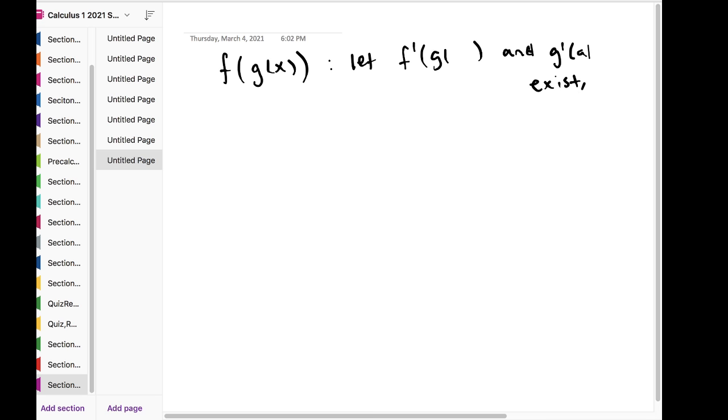Can someone tell me what f prime of g of a is? Like, how do you read this? Just in terms of composition, how do you read that?